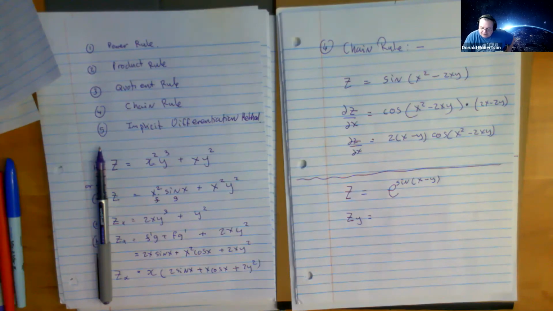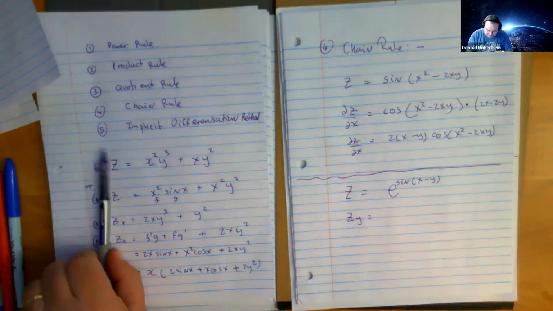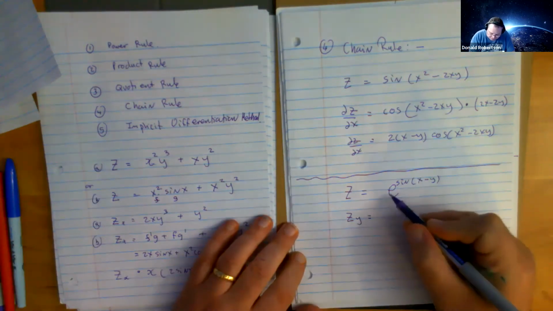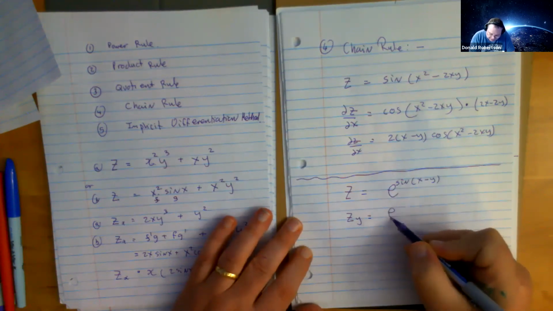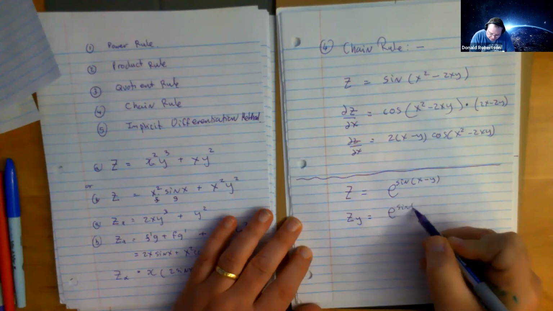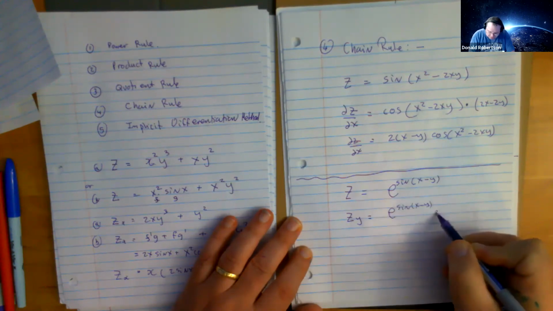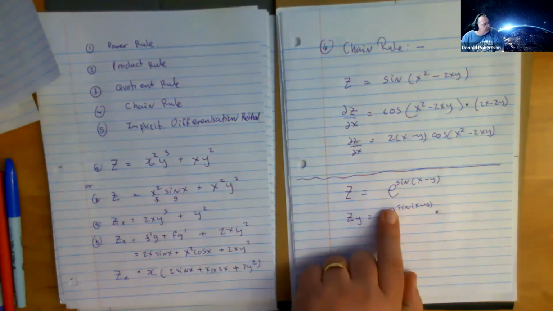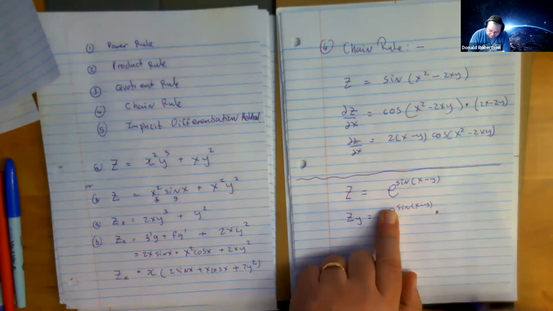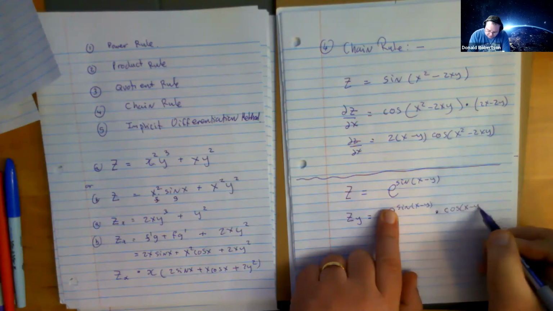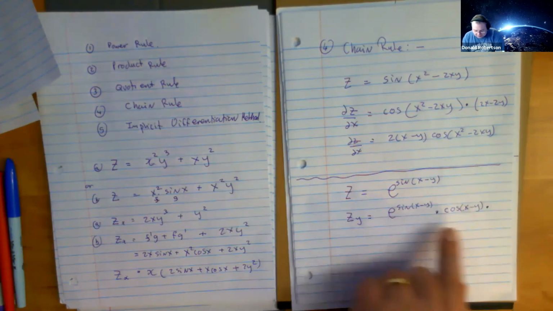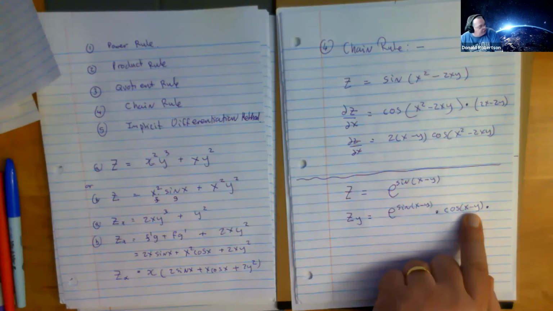So let's see how this would work. If you differentiate this, e to the sine of something, you will get e to the sine of x take away y, followed by the derivative of the sine of x minus y. Well, the derivative of sine of x minus y is the cosine of x minus y times the derivative of x minus y.